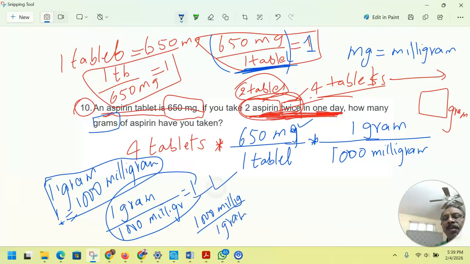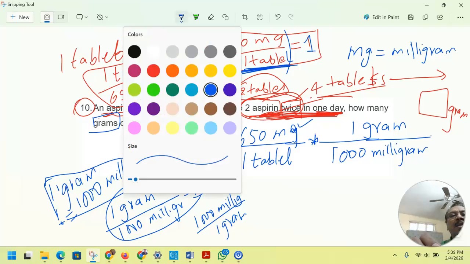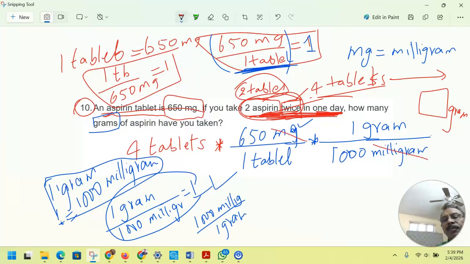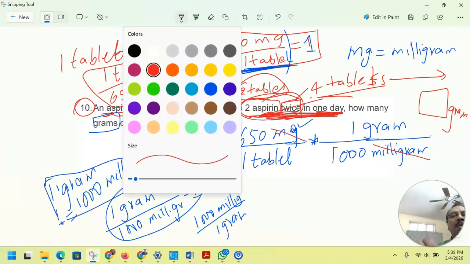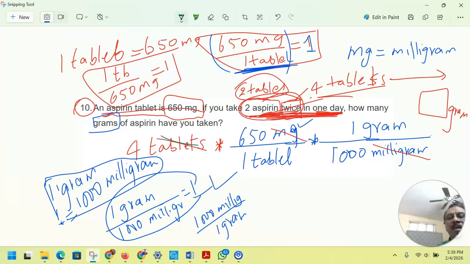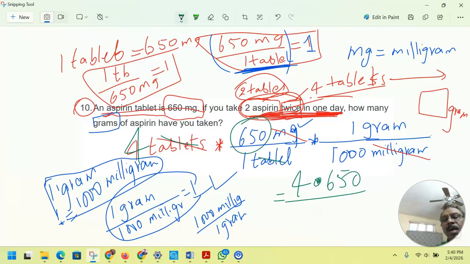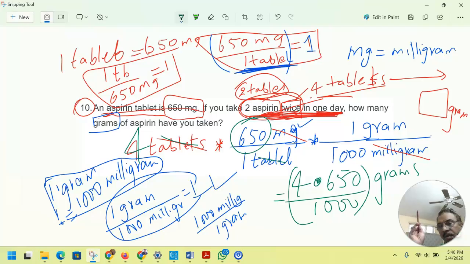This is the one that I use right here. And then we can cross out this tablet, this piece and this piece. What you are left with is the 4 in this one divided by 1,000. And that's it. You're done.